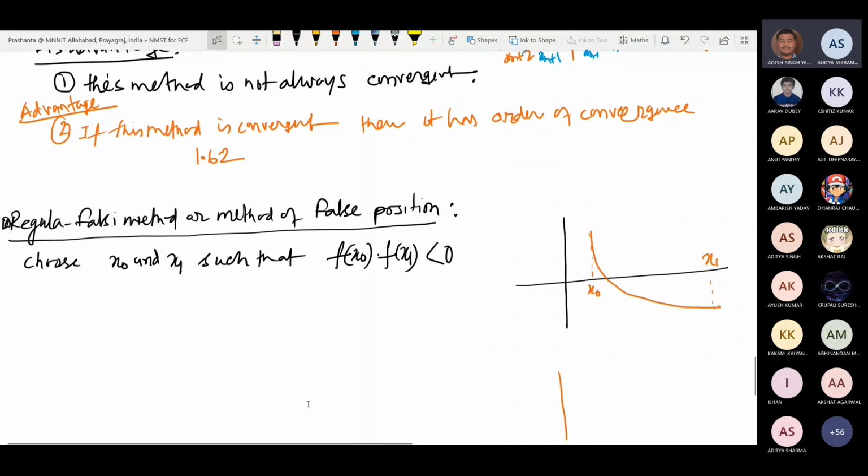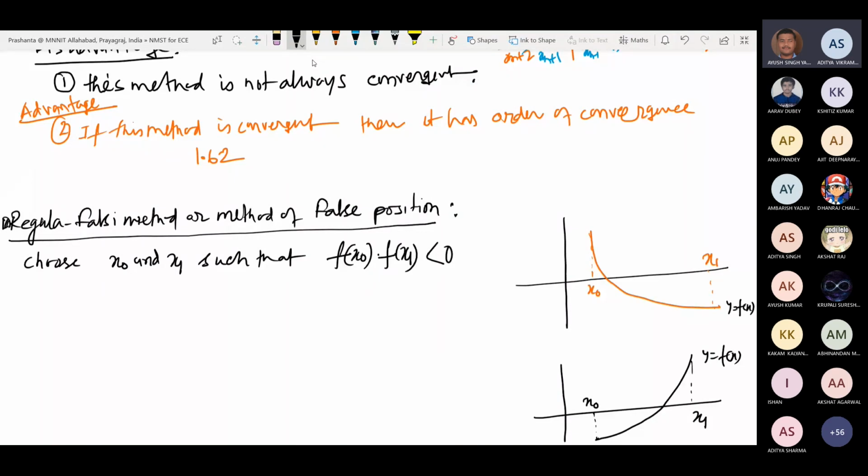So the curve will be either this one or the next one which I am going to draw. This one or this one. Near the root, this will be the curve. X1, this is X0. Yes, sir.